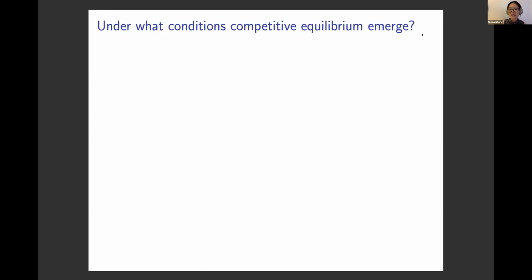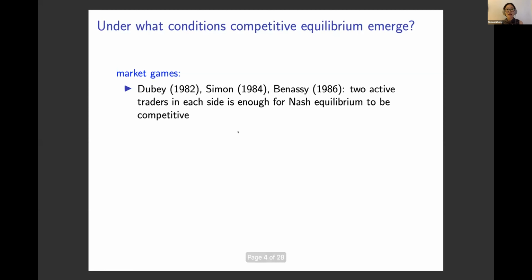What we study here is: under what conditions does competitive equilibrium emerge? And what we propose is a market game. In market games by Dubey, Simon, and Bennessy, there are buyers and sellers in a market, and each trader proposes a price and quantity to the clearinghouse.